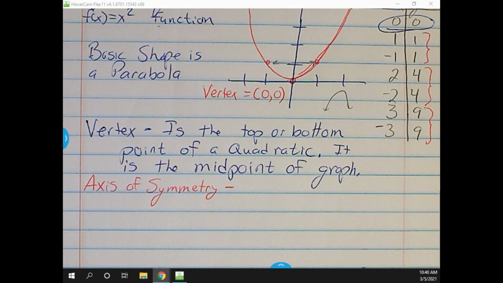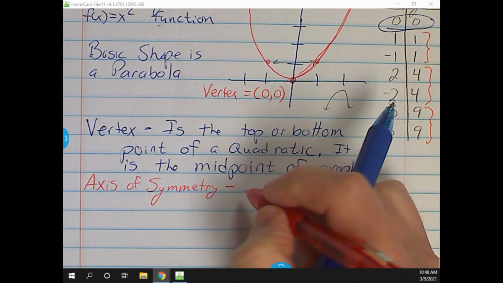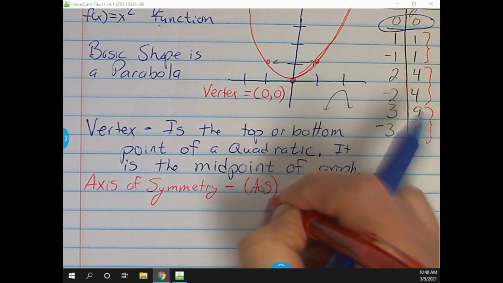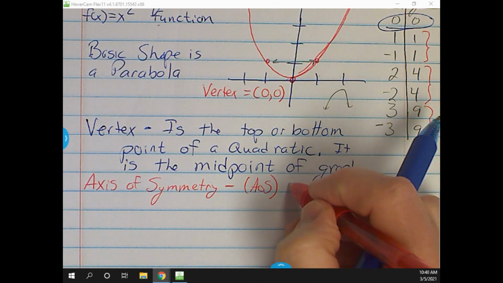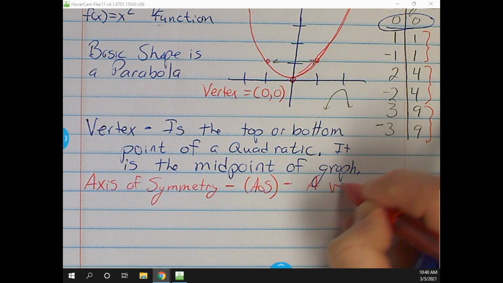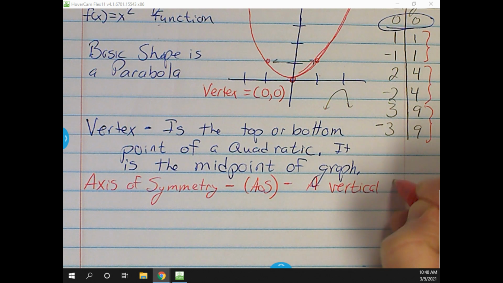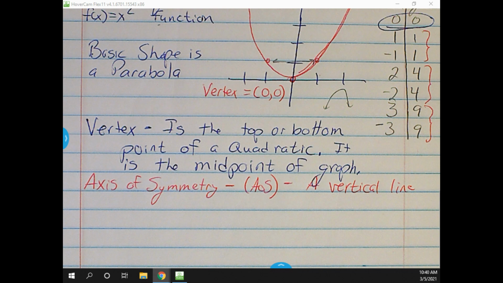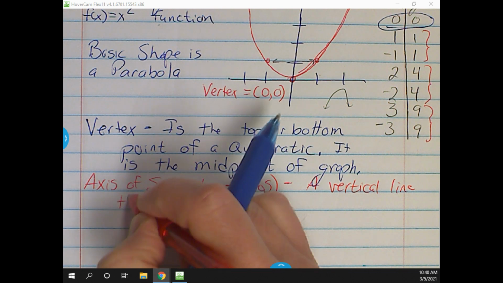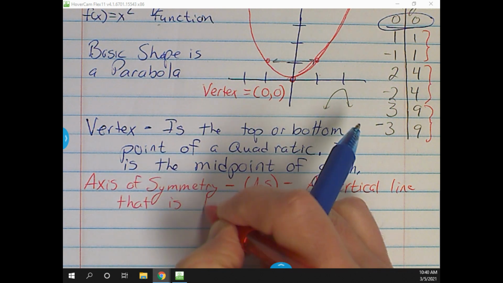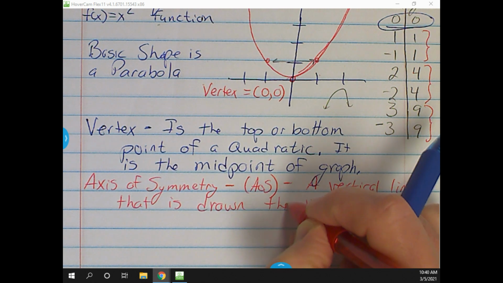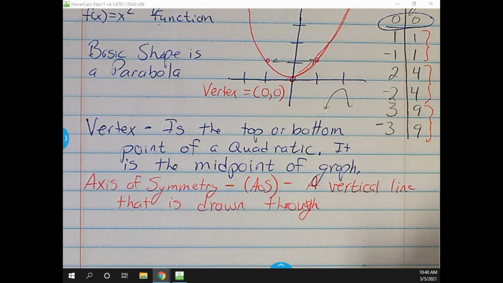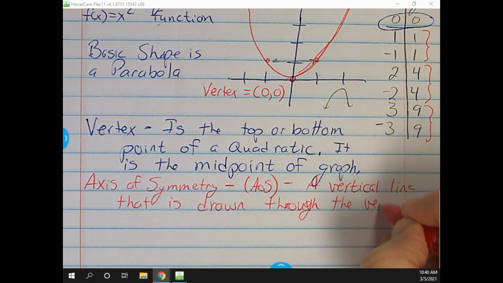And the axis of symmetry, to make it quick and short, when we talk about this in some of the notes, we may just call it the AOS for axis of symmetry. That's just a vertical line that is drawn through the vertex.